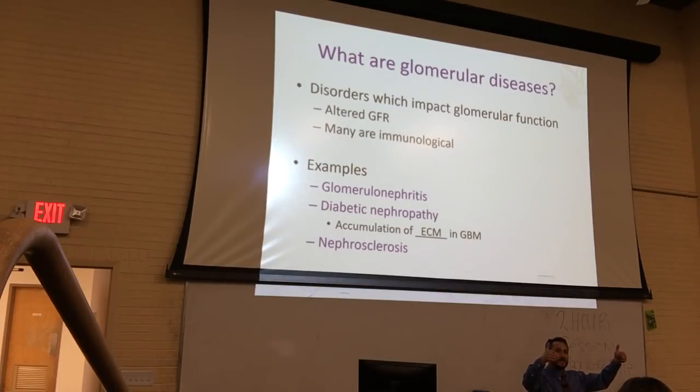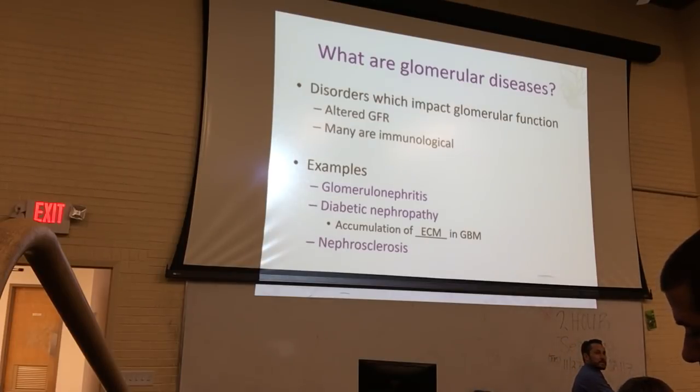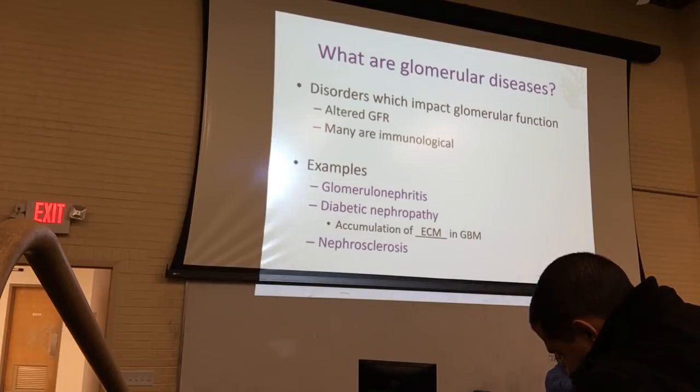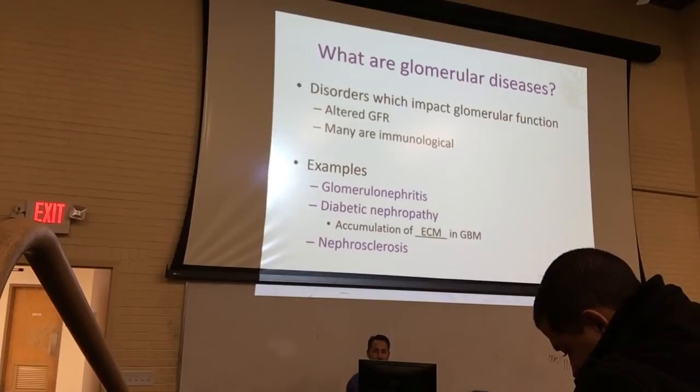BUN levels will be high. This all makes sense? So if you do a CBC, if you do a blood screen, and you look at urea or BUN levels, they'll be elevated in the patient with type 2 diabetes. So I'm just trying to talk through the entire flow of what we just came from to where we are today, right now on renal, and show you just one clinical example of diabetic nephropathy.